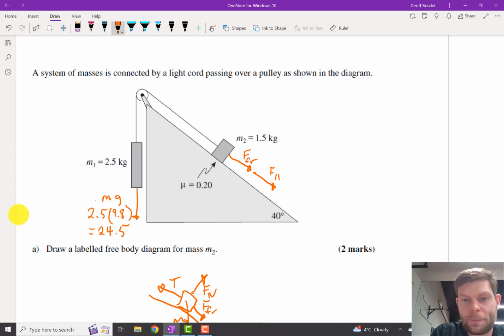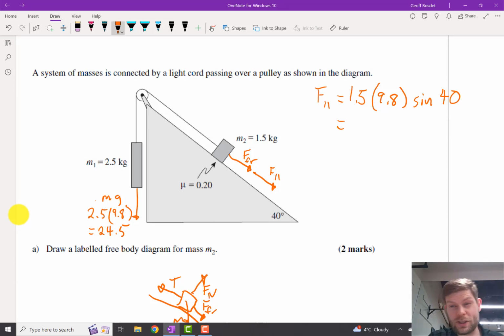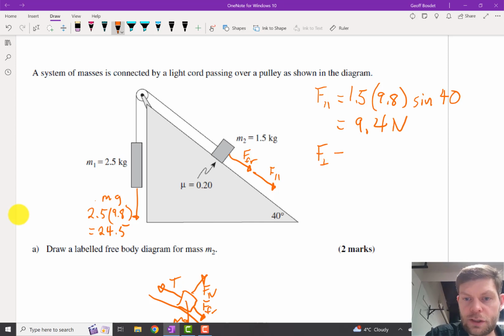So we got two small forces. Our F parallel is equal to 1.5 times 9.8 times sine 40, mg sine theta, and that's equal to 14.7 times sine 40, which gives us 9.4 newtons.